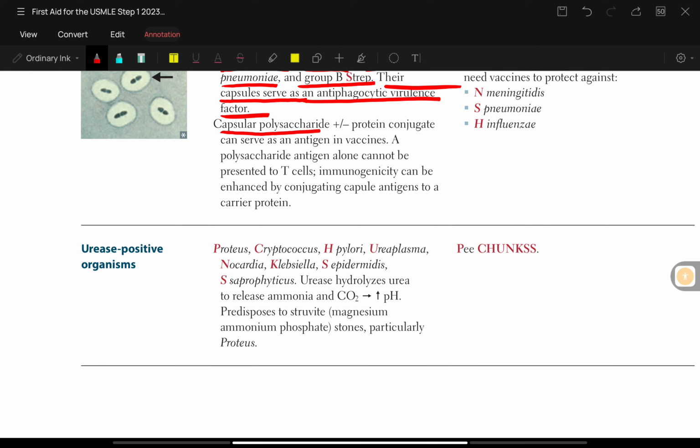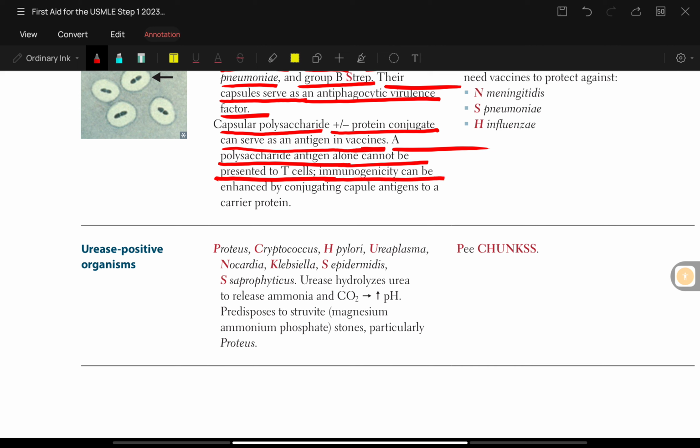Capsular polysaccharide plus protein conjugate can serve as antigens in vaccines. Polysaccharide antigens alone cannot be presented to T cells, and immunogenicity can be enhanced by conjugating capsule antigens to carrier proteins.